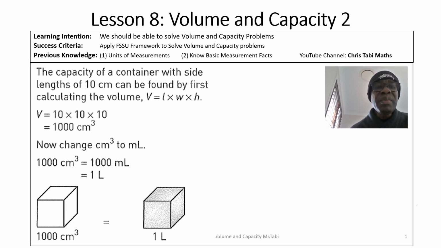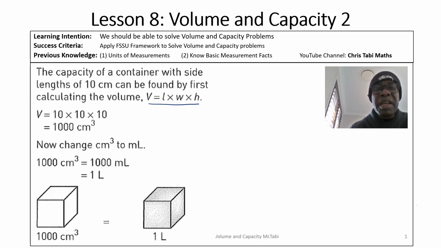First one. The capacity of a container with side lengths 10 centimeters can be found by first calculating the volume. So to find the capacity, you need to find the volume. And we already know that the volume is L times W times H, the length times the width times the height.